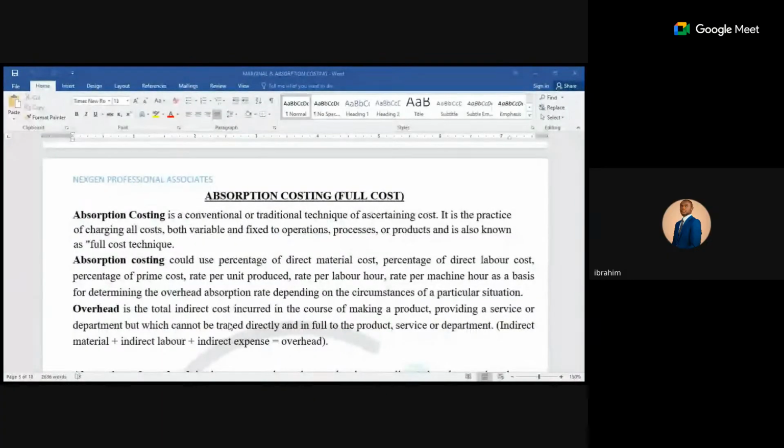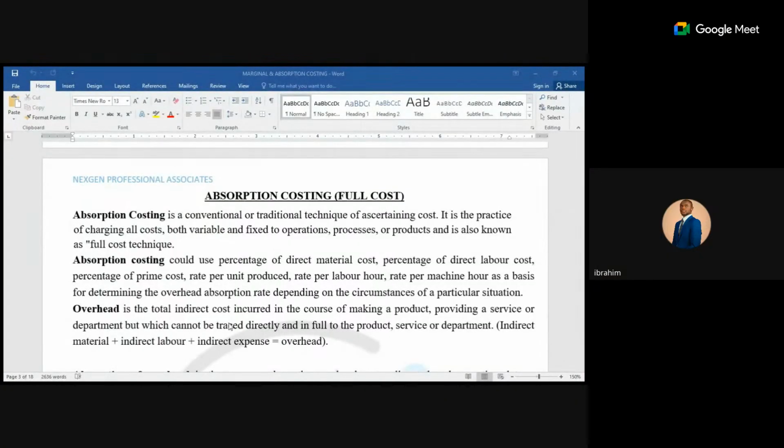It is also known as full cost. When you see a traditional approach, it is absorption costing, which charges all costs, both variable costs and fixed costs, to operations.